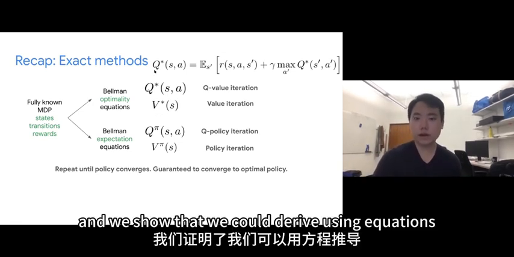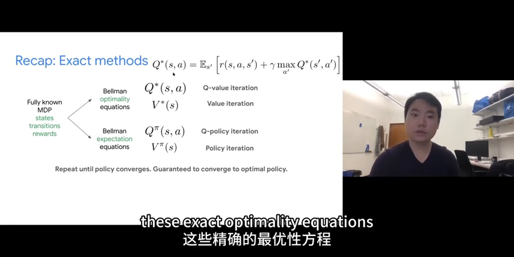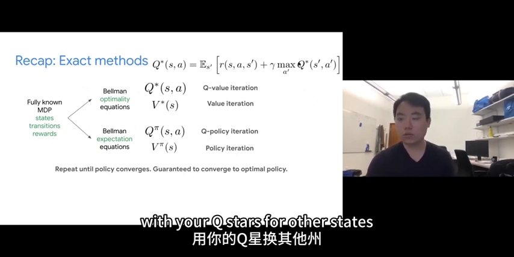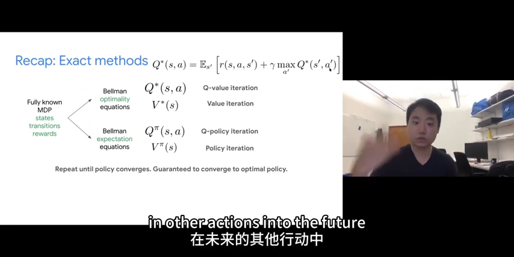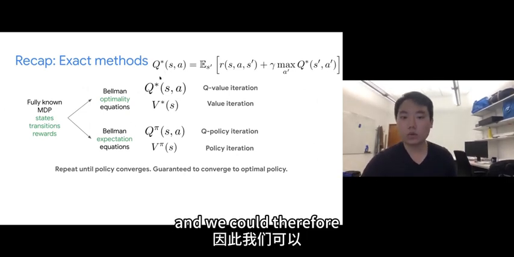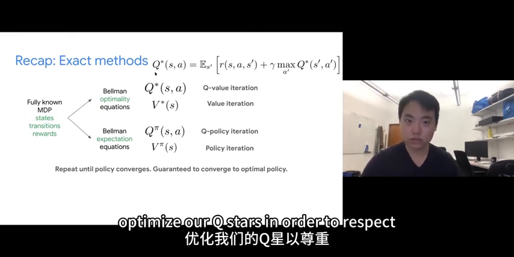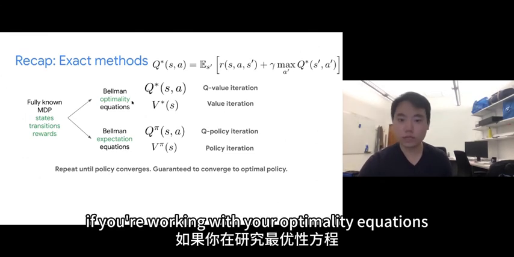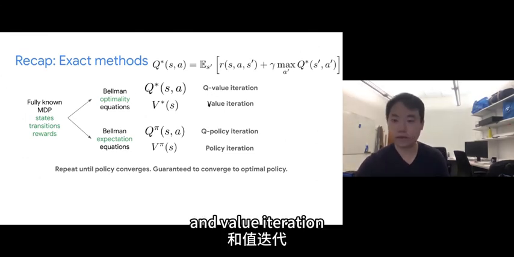And we showed that we could derive, using equations, these exact optimality equations relating your Q stars for a particular state and action with your Q stars for other states and other actions into the future. We could therefore optimize our Q stars in order to respect this optimality equation. If you're working with optimality equations, it's called Q value iteration and value iteration.